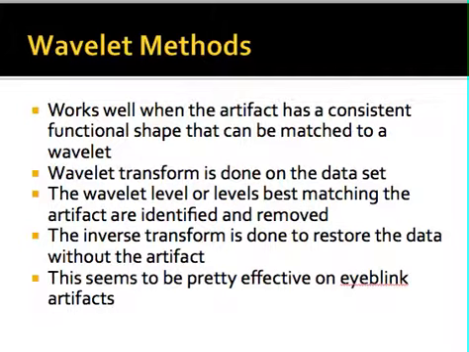So if you have a wavelet function whose shape corresponds well to the artifact, then you will get a level of wavelet decomposition that is very well matched to the presence and/or absence of artifacts.